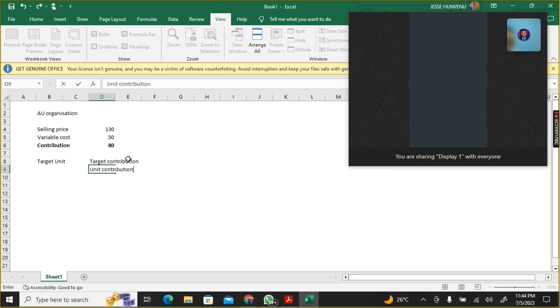Now this target contribution is the same thing as our question, which said our fixed cost plus our PBT, because our target contribution is just like the profit plus our total fixed cost, divided by our contribution per unit.